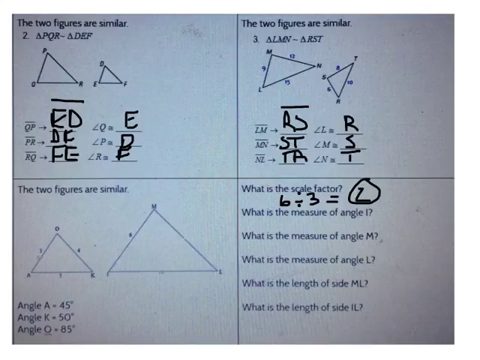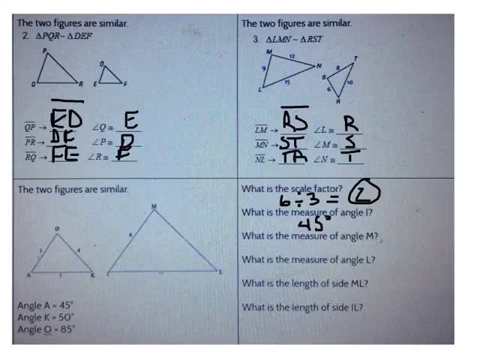Now let's look at some angle measures. What is the measure of angle I? Well, I know that angle A equals 45 degrees, so angle I must be congruent. Angle I also equals 45 degrees. Those two angles are corresponding.